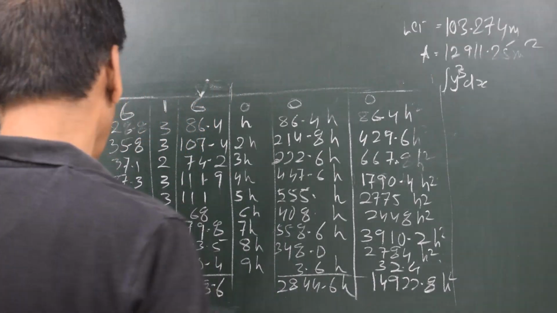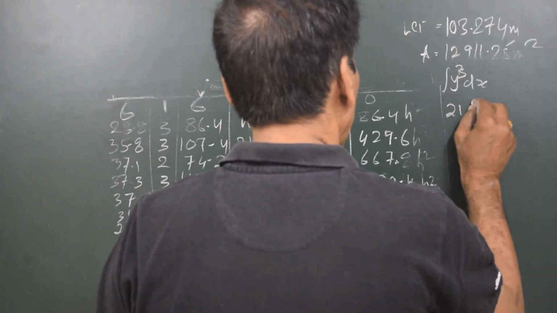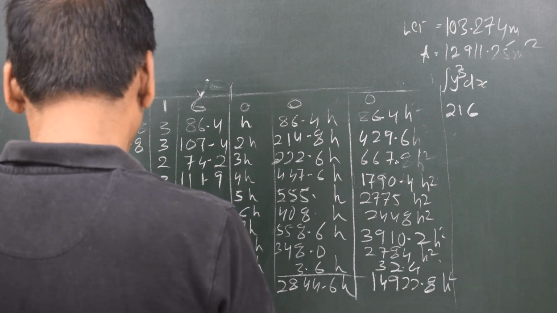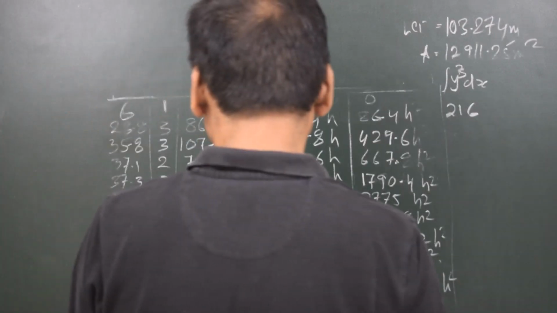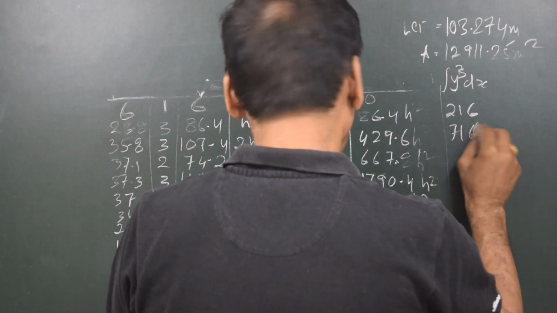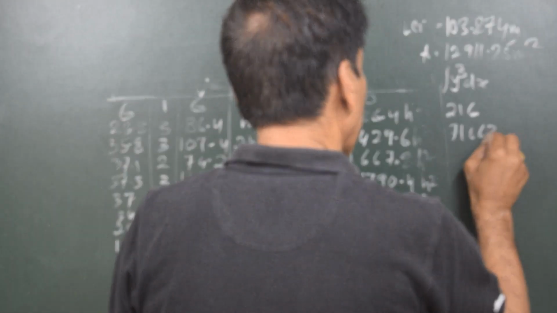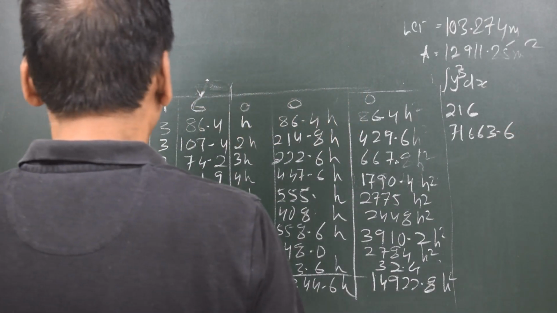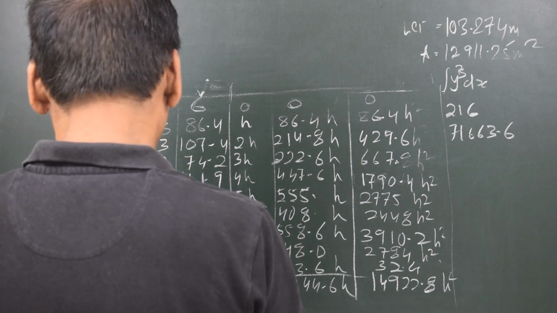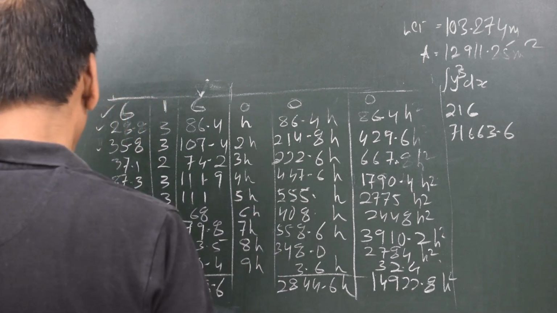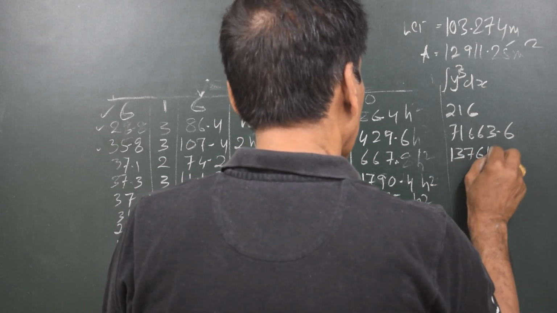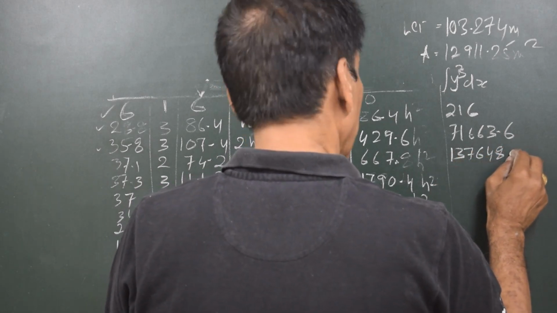So it will be 216. Then you have 28.84, that gives me 71663.6. Now 7.4 gives me 137648.1.